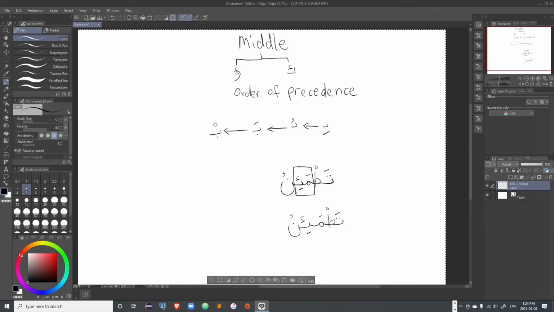Let us take another example with another diacritic. Hopefully it will cement the rule. Let us take the word ha-u-la. هؤلاء. We will cover the rule for the end of the word after we are done with the middle, do not worry.